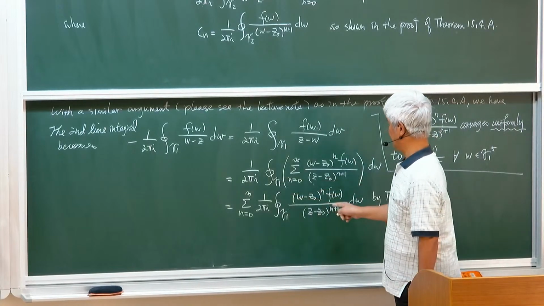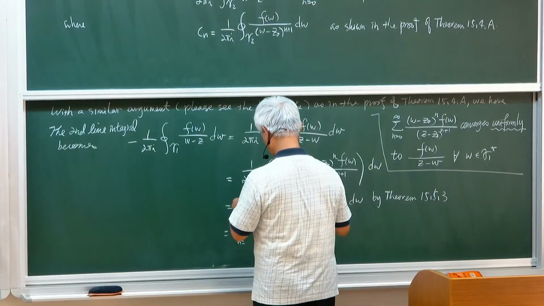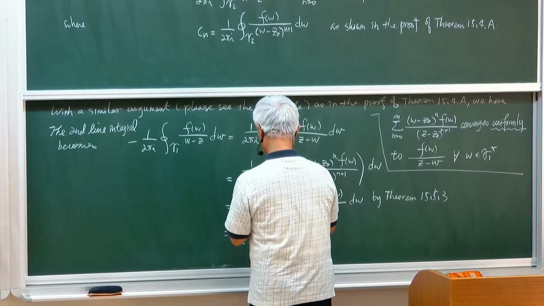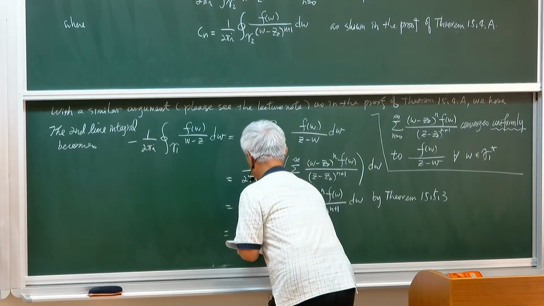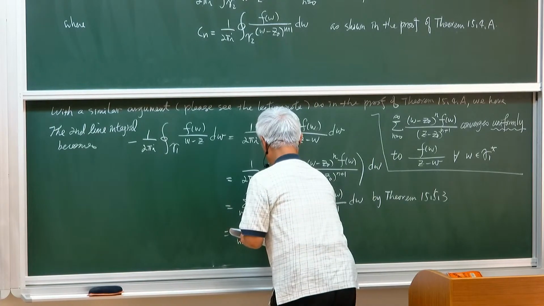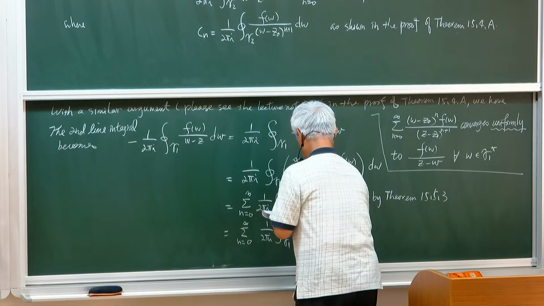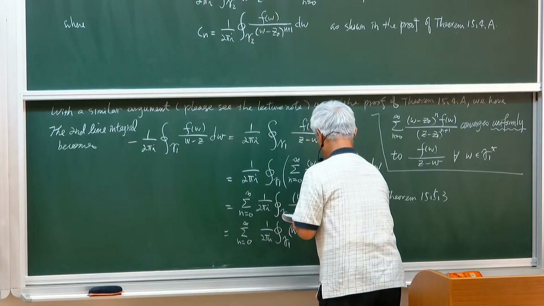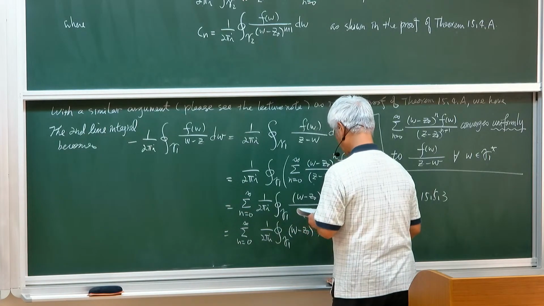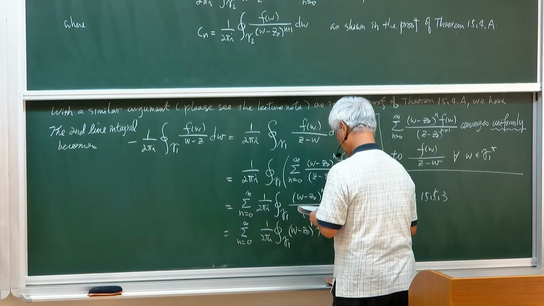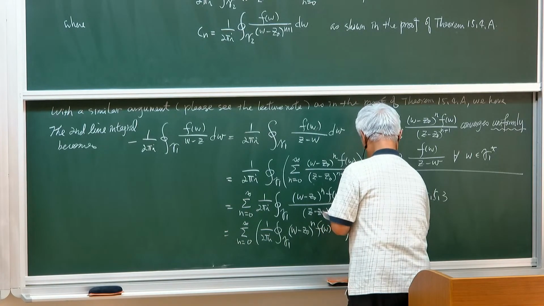So now this becomes the sum from n equals 0 to infinity of 1 over 2 pi i, the integral over gamma 1 of (w minus z0)^n f(w) dw, times (z minus z0)^(-(n+1)).